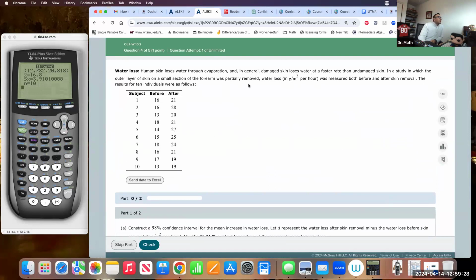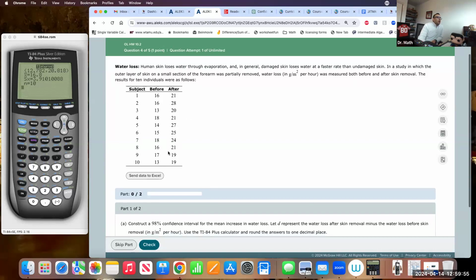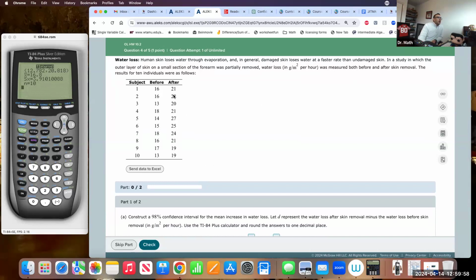So in a study in which the outer layer of skin on a small section of the forearm was partially removed, water loss in grams per meter squared per hour was measured before and after skin removal. So here are the results. So this is before and this was after, right? So before skin removal and after skin removal. So again, all we do is subtract, boom, this list minus this list.